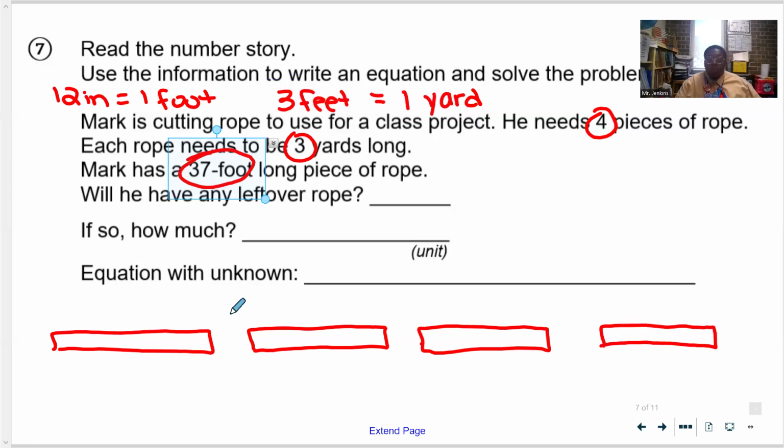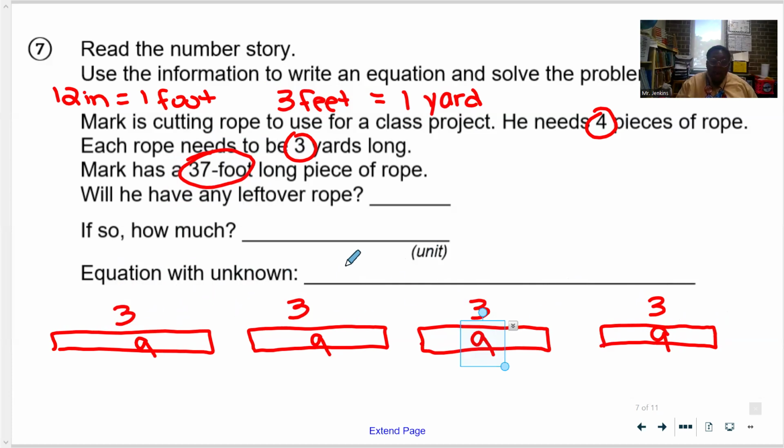Now I know each rope is going to be 3 yards long. Since they're each 3 yards long, and there are 3 feet in 1 yard, if I do 3 times 3, that's 9 feet in every 3 yards. So 9, 9, and 9.